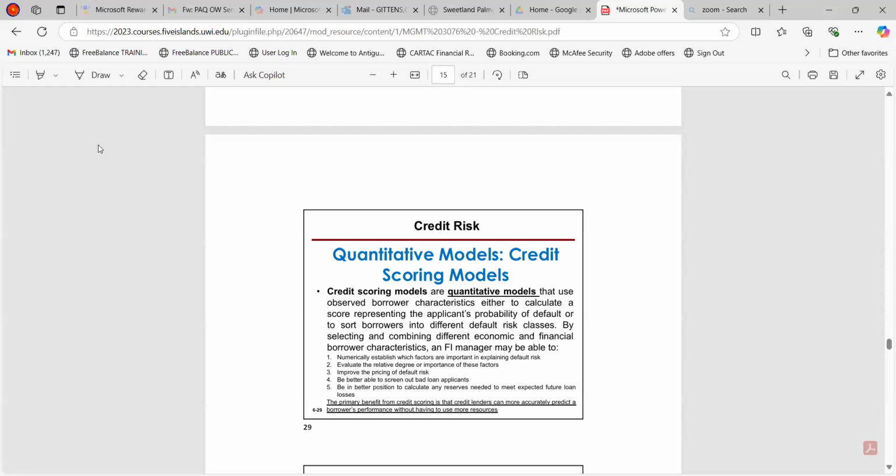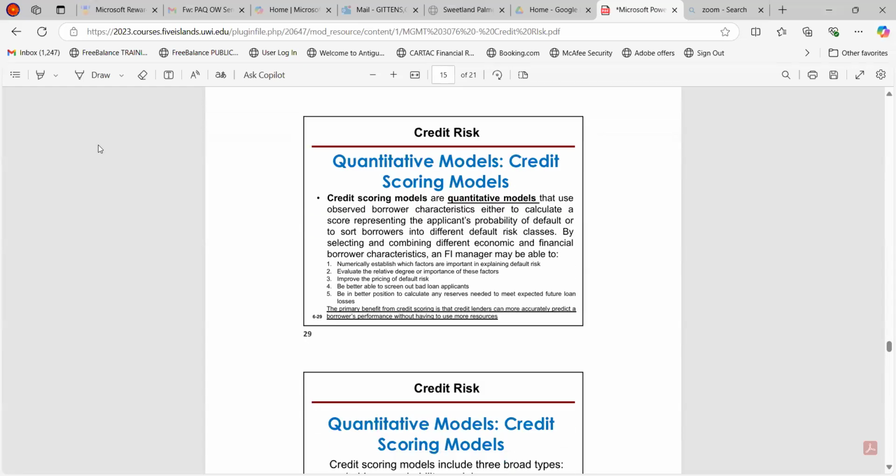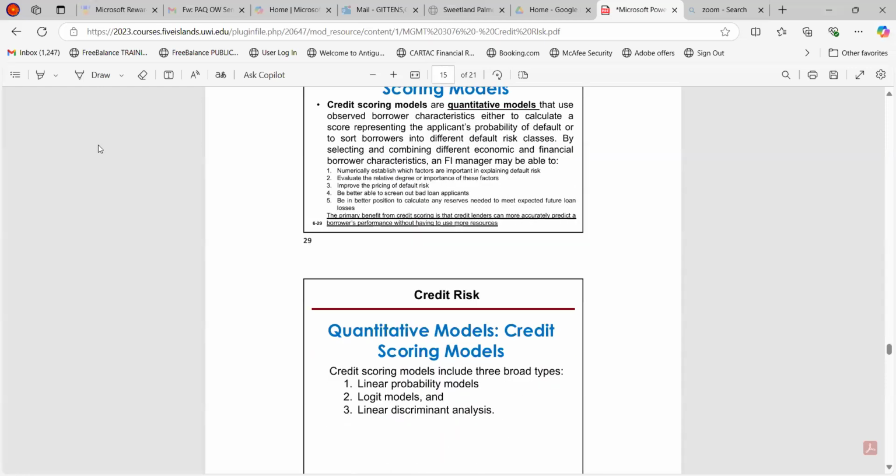So you may say that quantitative models are more objective and more scientific. So they tend to more accurately determine the borrower's performance without having to use a significant amount of resources.